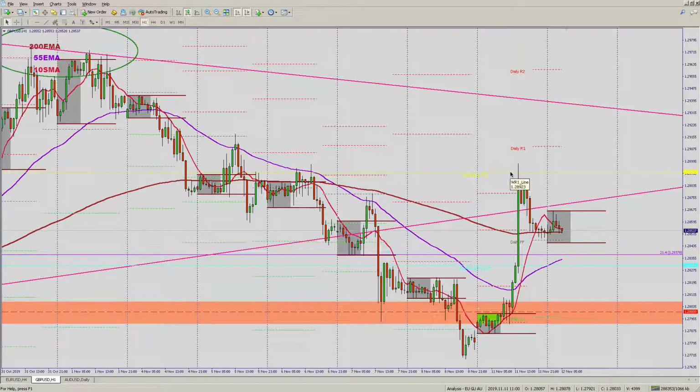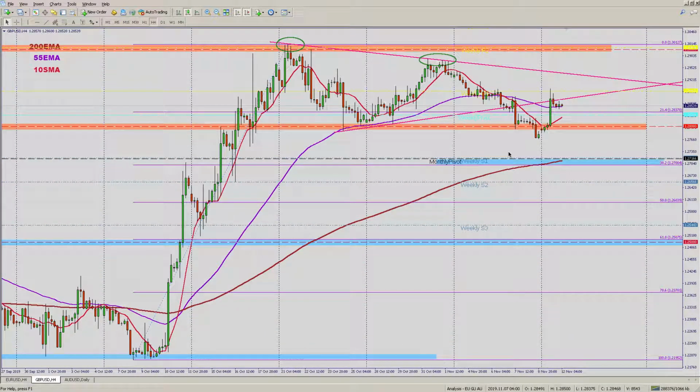The weekly R1 pivot was at 128.92 and it spiked to almost retest the 129 area, made a high of 128.98, and it moved up from the weekly pivot right to the weekly R1 pivot level. Right, going back to the 4-hour time frame.